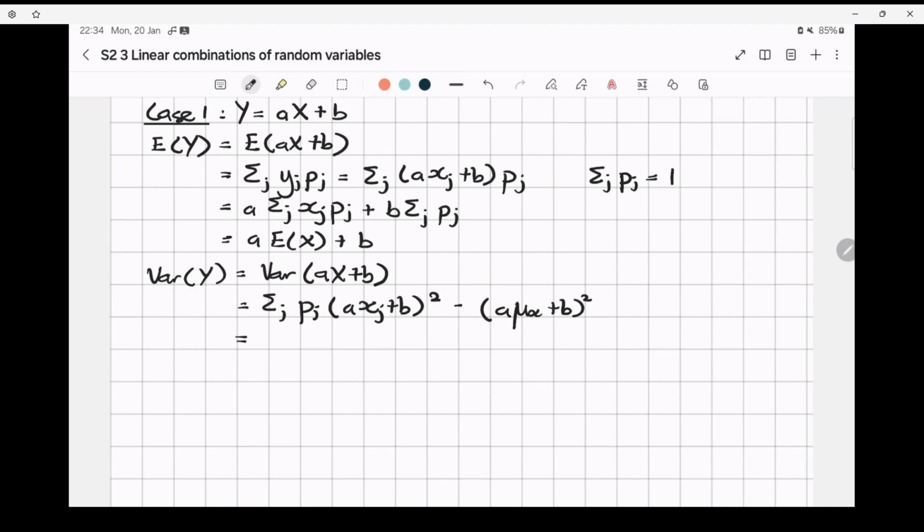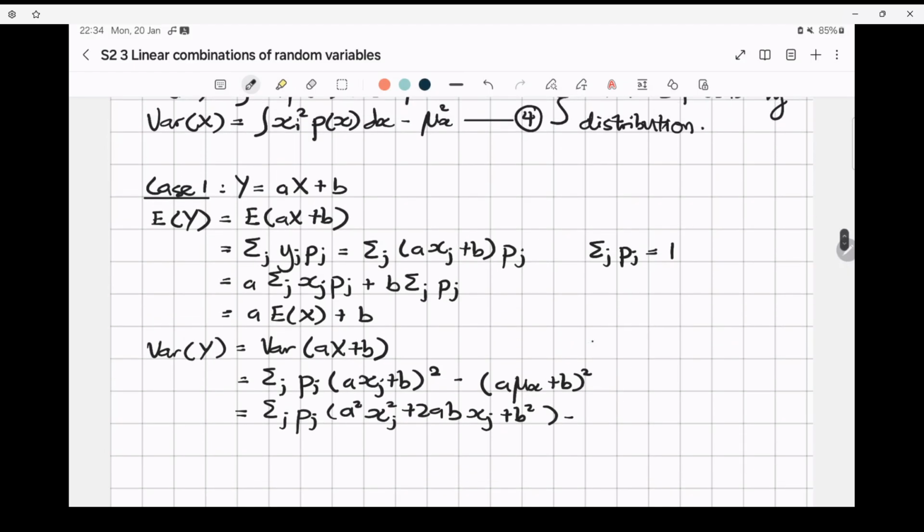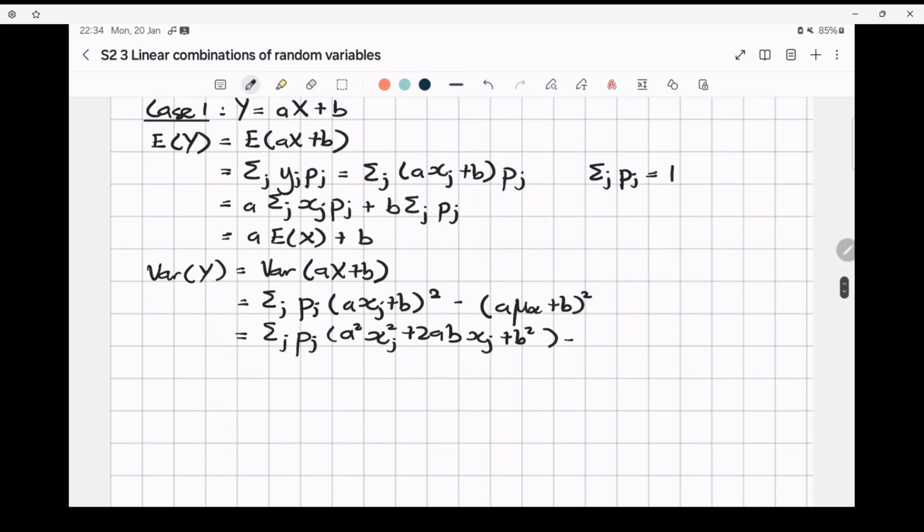Now you break out the square terms: a squared x_j squared plus 2ab x_j plus b squared, minus a squared mu_X squared, minus 2ab mu_X, minus b squared.